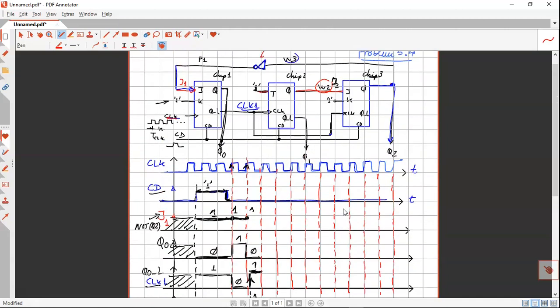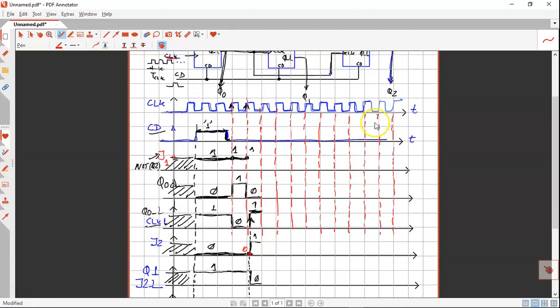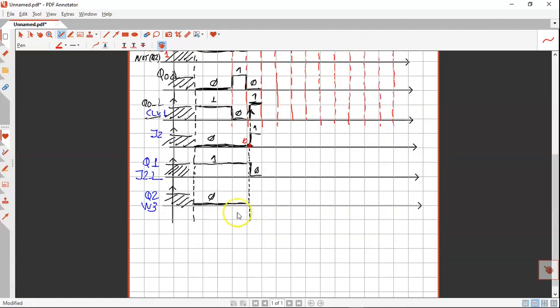okay, and this is 0, 1, and this is a JK flip-flop, nothing is going to happen. You see, 0, 1 means that the system is going to keep the value that it is already, a 0 here, right? So this clock is not going to change this value.